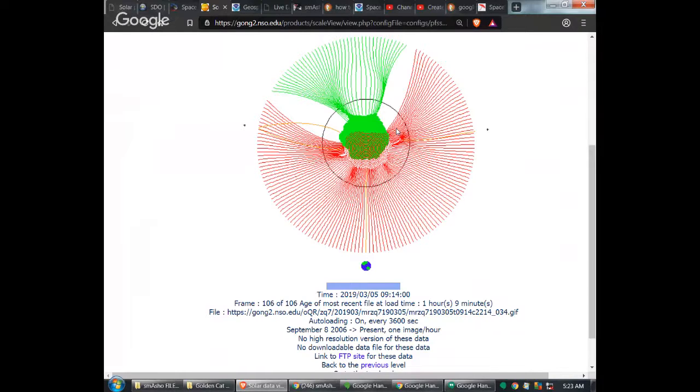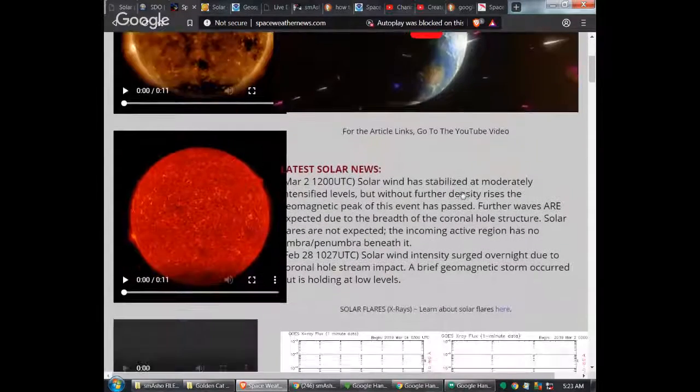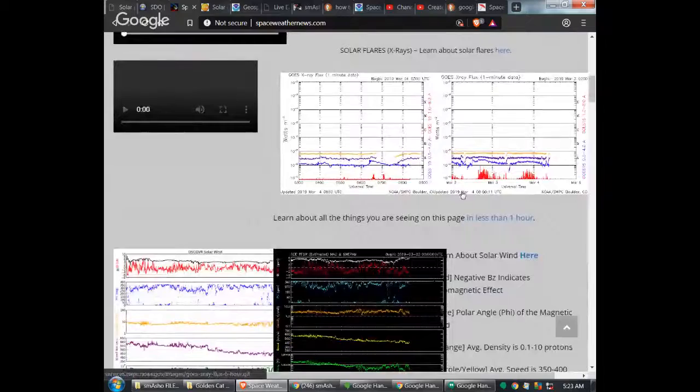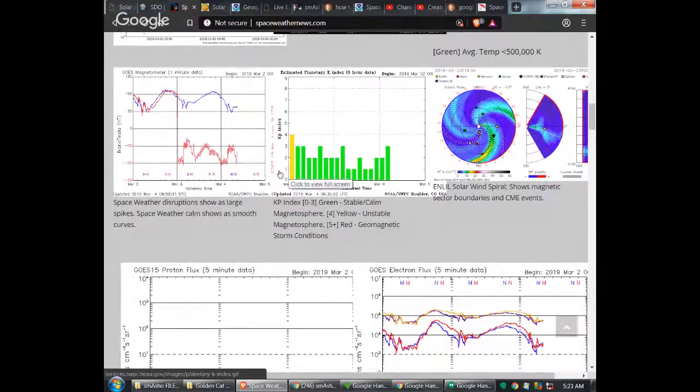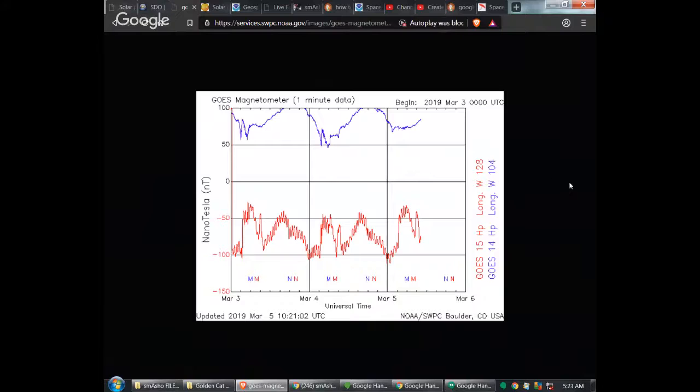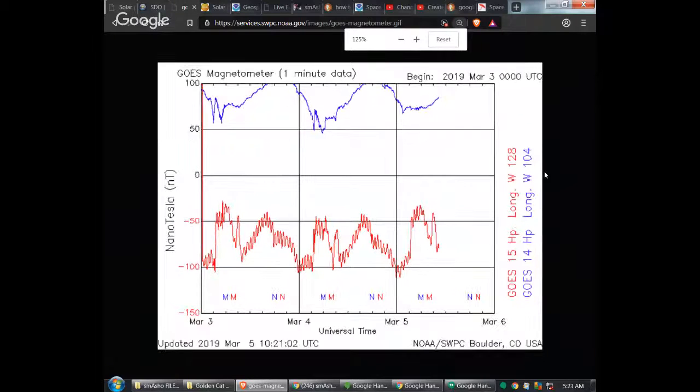Next, let's move on to spaceweathernews.com. Look at the rest of the data here. Tiny little bit of X-ray activity there, but nothing to really shake a stick at. Magnetometer data still looks completely 100% jacked up. I mean, I don't believe it.